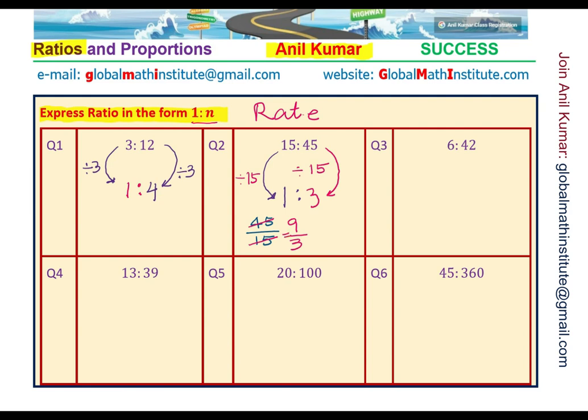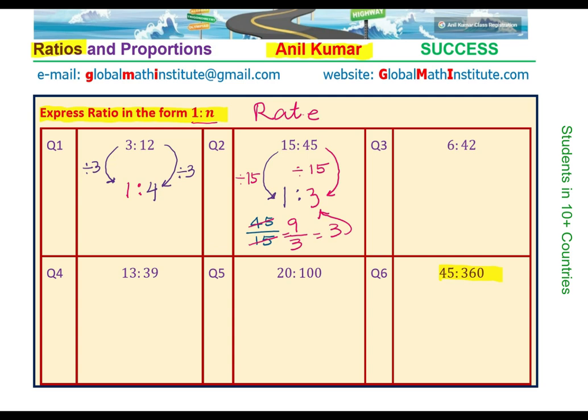And then again, we can divide them by 3, writing this as 3 here. So that is how we could get the term 3 by step division or simplification of a fraction. I've just shown you this because sometimes it may be required, especially when the numbers are high. For example, the last one, 45 to 360. You can try this out by following the method which I've just discussed with you.